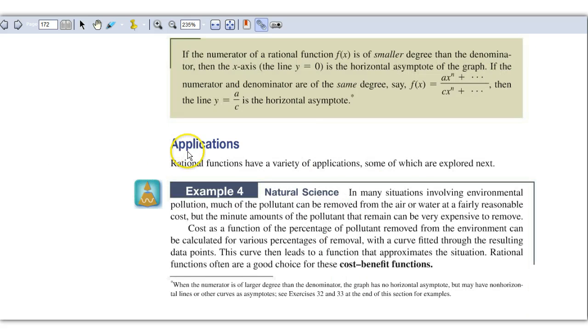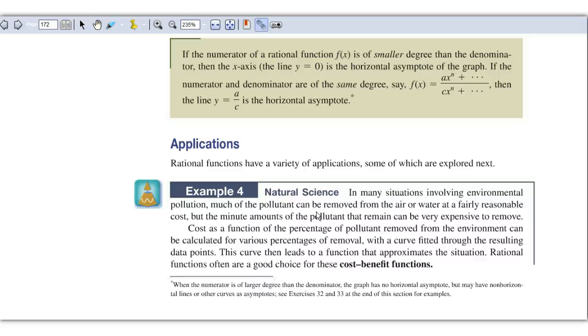As we continue going over the textual material, applications. Rational functions have a variety of applications, some of which are explored next. For instance, in natural science, if you have a pollutant that is in some situation, whether it be water or air, you can take the pollutant out, and of course that costs money.